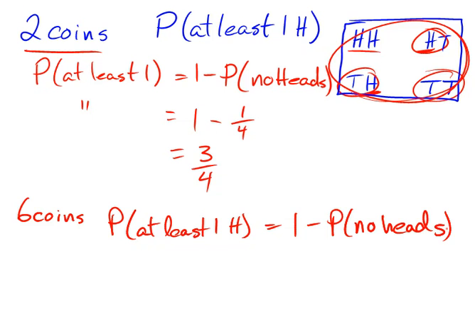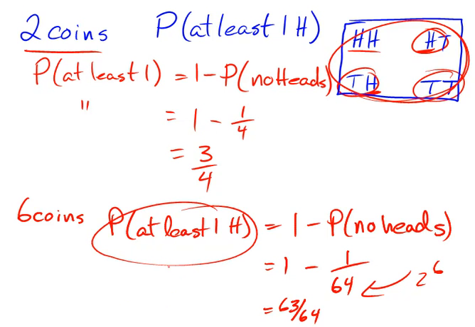So the probability of at least 1 head with 6 coins is 1 minus 1 out of 64, the 64 possible outcomes, which was 2 to the power of 6, and 1 minus 1/64 is 63/64. So the probability of at least 1 head with 6 coins is 63 out of 64. It's like magic.